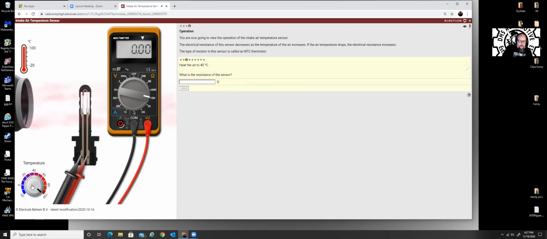Heat it up to 40. How many thousands of ohms? Well, now I'm not on this side of the decimal, I only have 0.5. Huh. Well, 0.5 of a kilo ohm is going to be 500, right? 500 ohms.